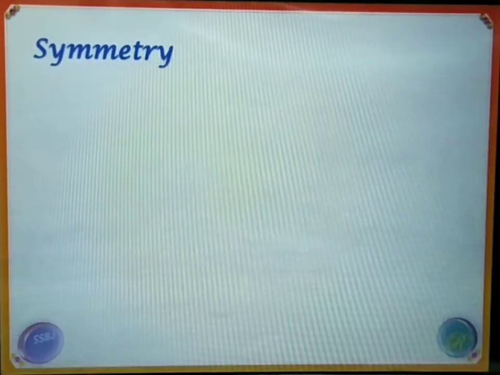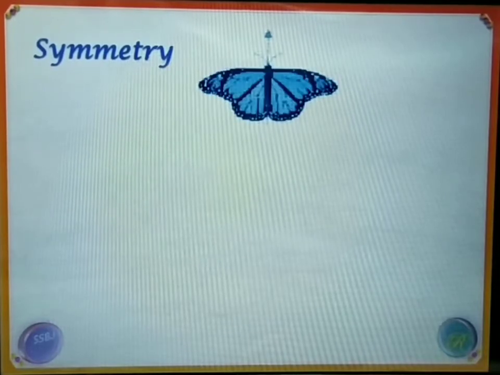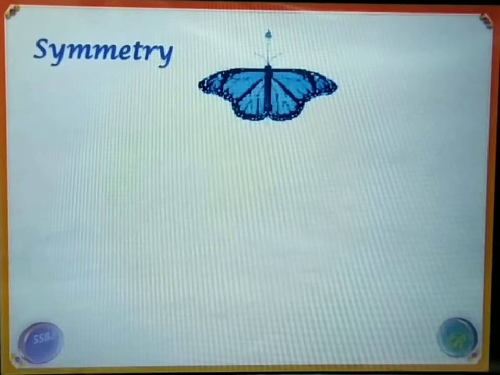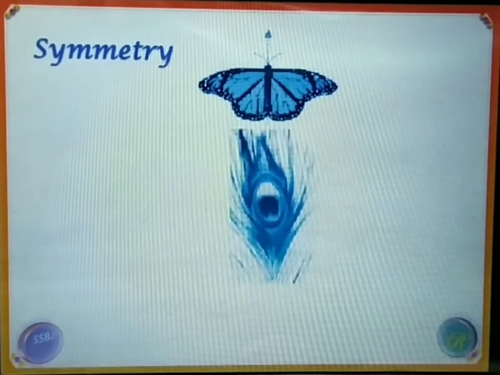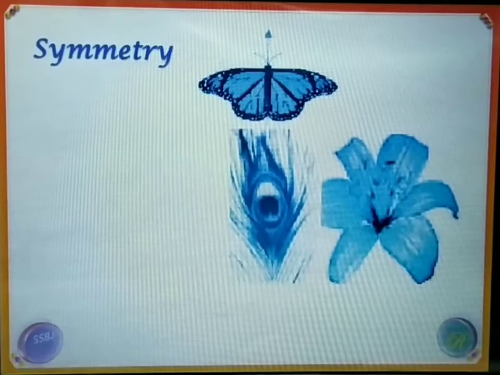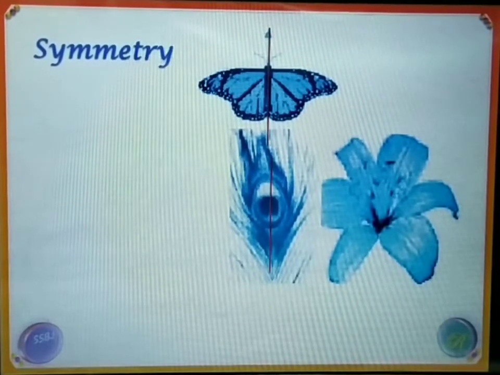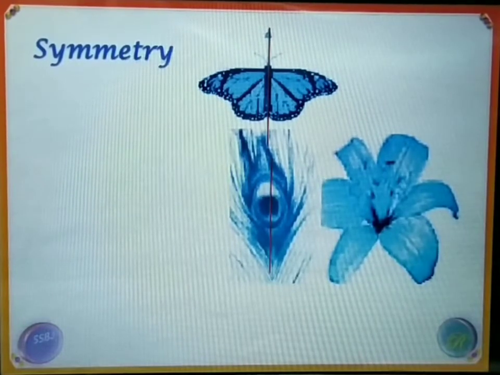Symmetry. Nature provides many beautiful examples such as wings of a butterfly and a peacock or the petals of a flower. Symmetric objects have parts that are congruent, which you can see in the figure.